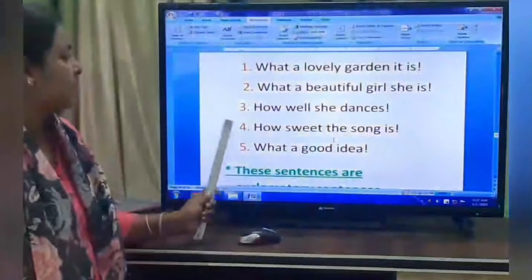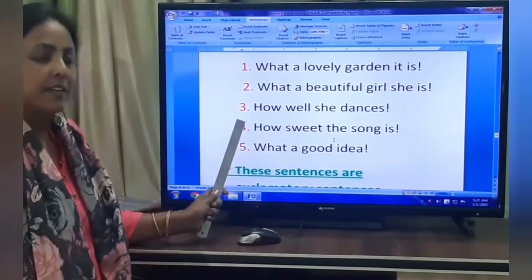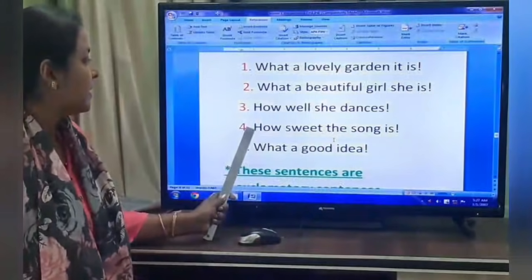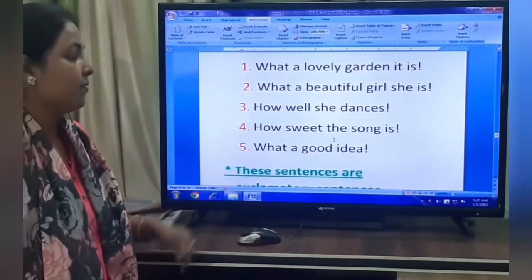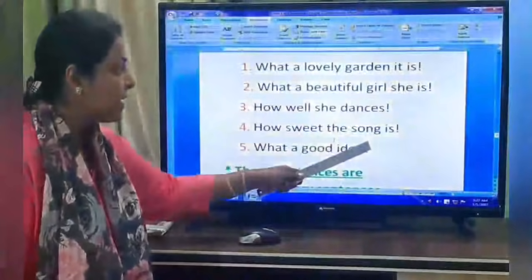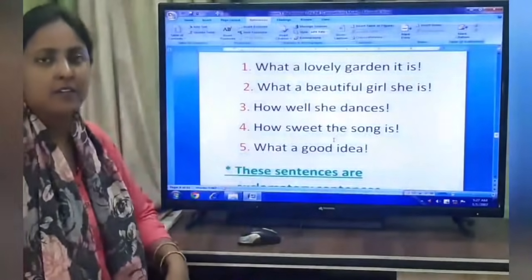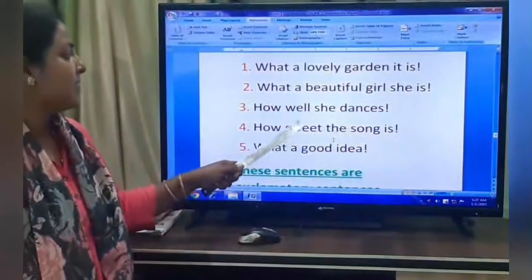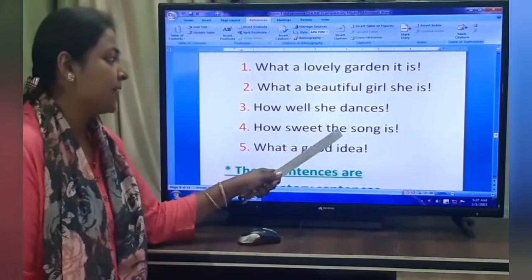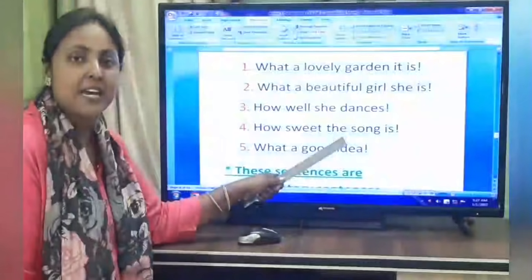Here again, the first letter is written with the capital letter and the sentence ends with an exclamation mark. Now you tell me, children, which sentence it is?